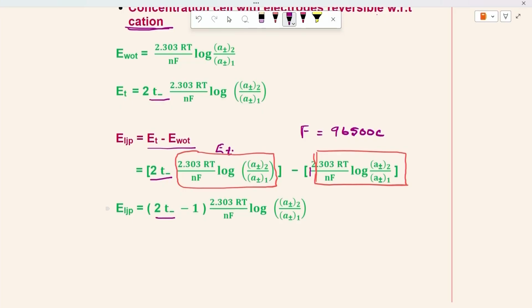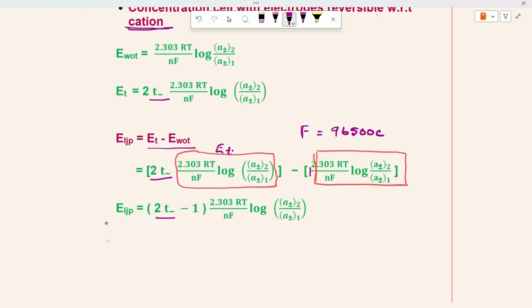Okay. Now, here we have 2T minus, that is the transference number of anions alone. Now, what we have to do is, we are going to involve both cation and anion, the transport numbers, and therefore, we have an expression that T plus T minus is equal to 1. So, I am going to substitute this for this one.